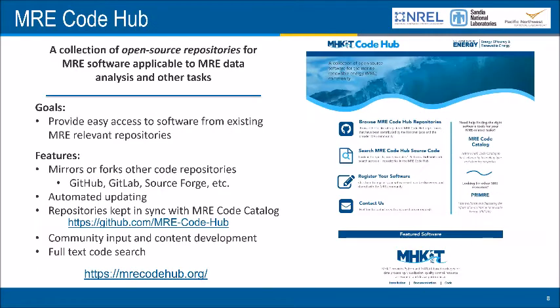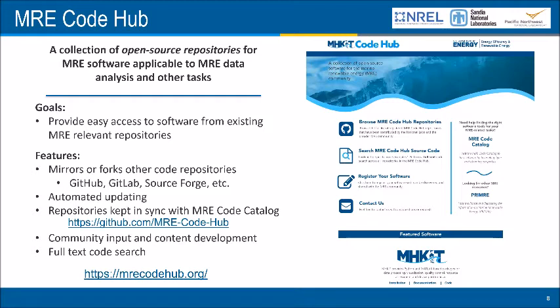So to switch gears a little bit and talk about the MRE Code Hub, once again, this is the resource that is available for open source repositories of MRE software. So the goal here is to provide easy access for existing MRE repositories. So that means if Water Power Technologies Office has funded the development and release of open source software, the MRE Code Hub, which was developed by PNNL, is a platform where you can find all of that software in one place.